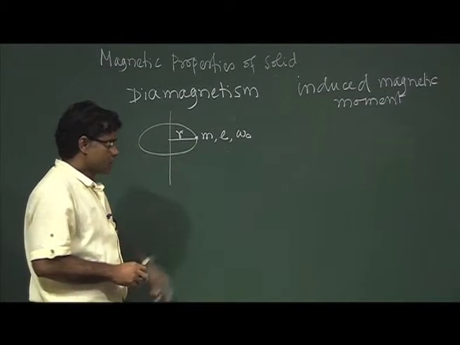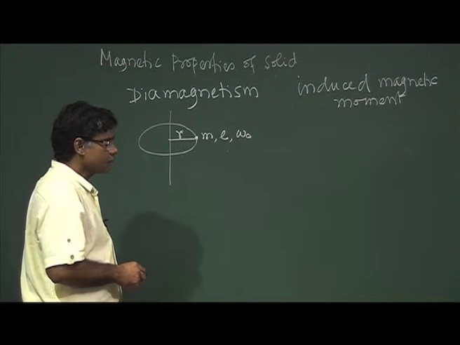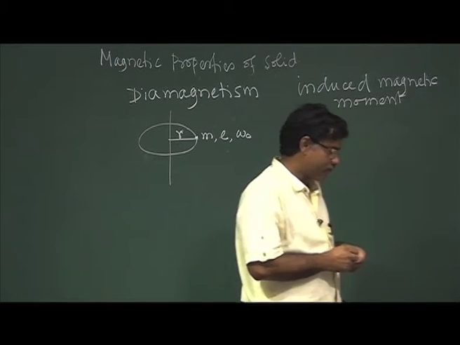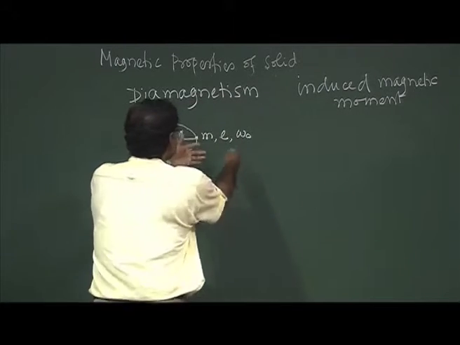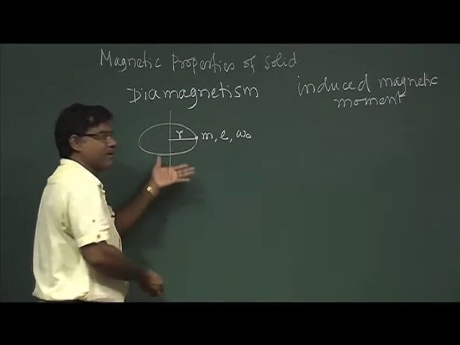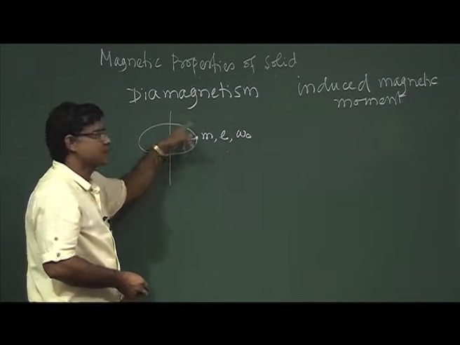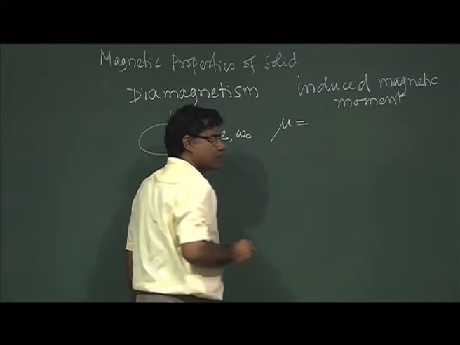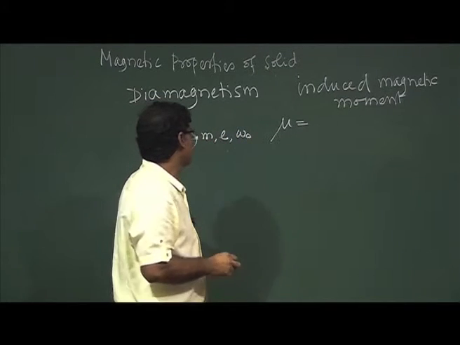Even without a magnetic field, this motion is there all the time, and it gives the orbital magnetic moment.